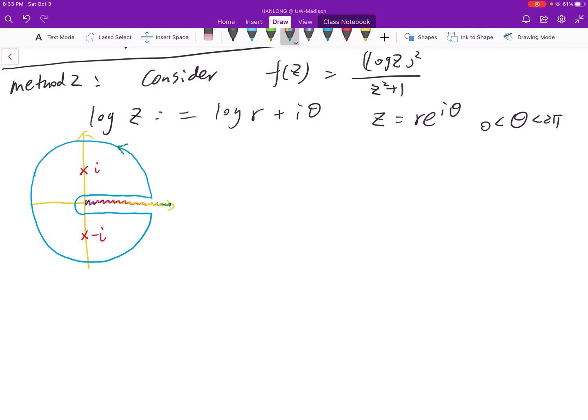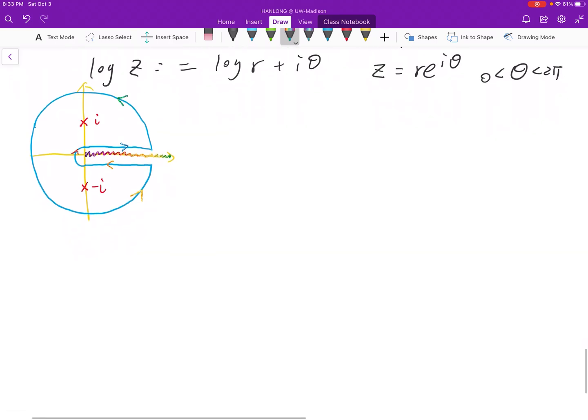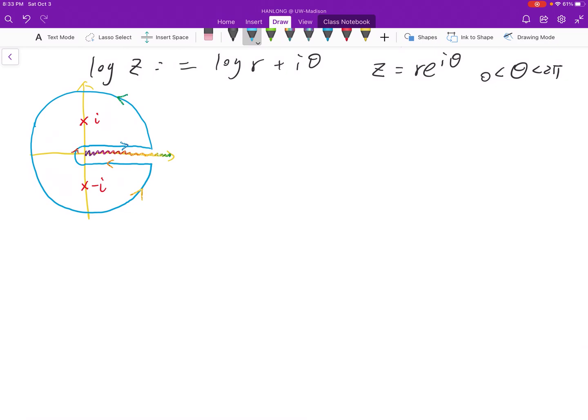So it's oriented in this way. So basically you have 4 parts. So first part, let's call it I1. This is a horizontal part lying in the first quadrant.